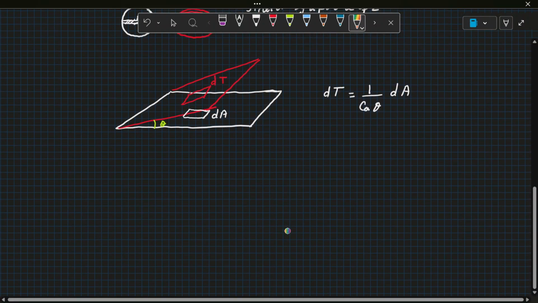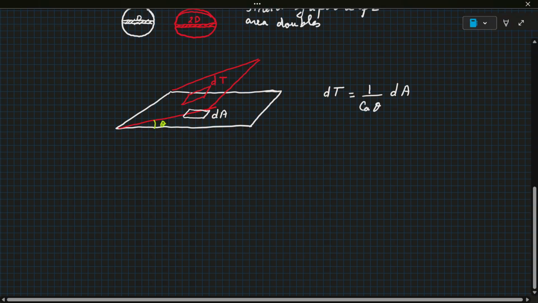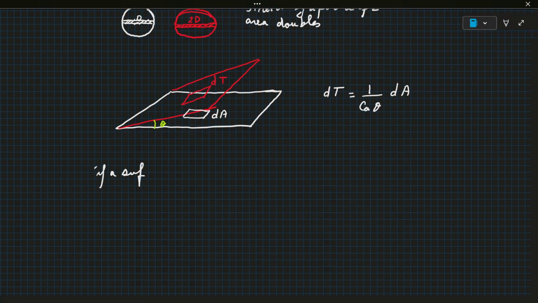Now we go back to a topic we had a while back. If a surface is given by an equation like f of x, y, z equal to some constant, so all of x, y, z are on one side, and on the other side we have a constant, 0 or something else, it's all the same.